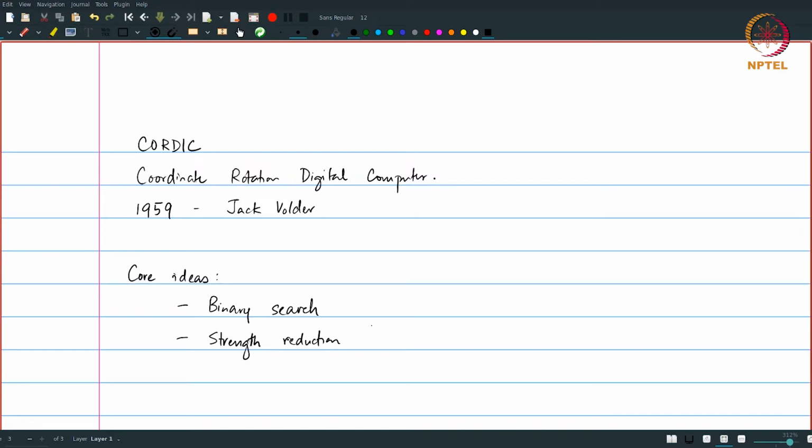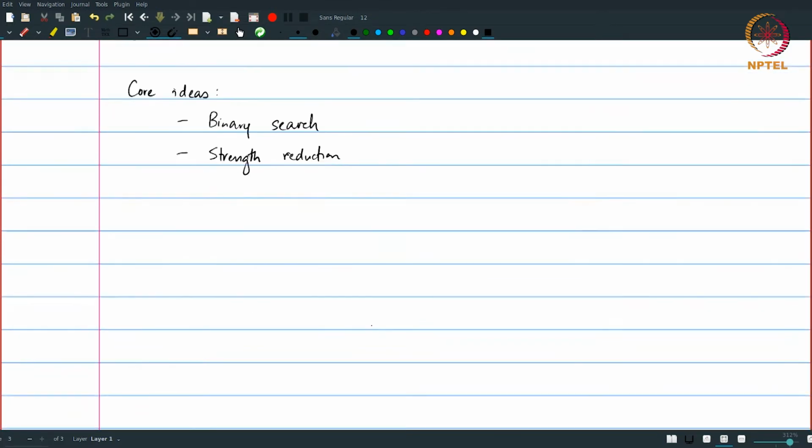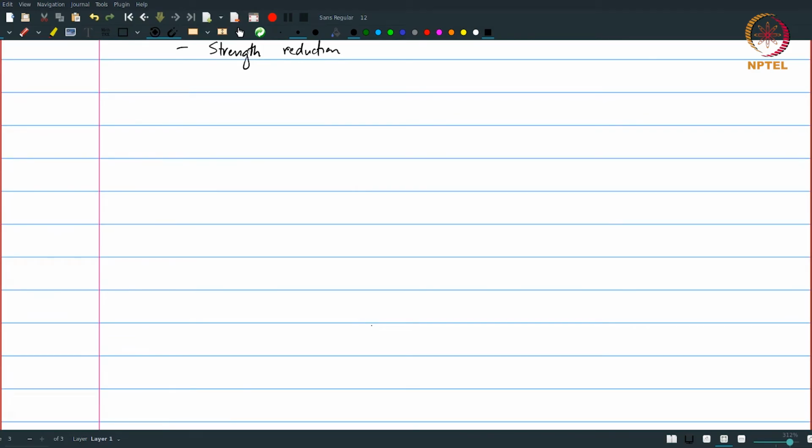In particular, can we replace multiplication by means of a simple bit shifting operation, which makes it friendly for hardware implementation? Now, let's explain the first idea using an example. What do I mean by binary search?